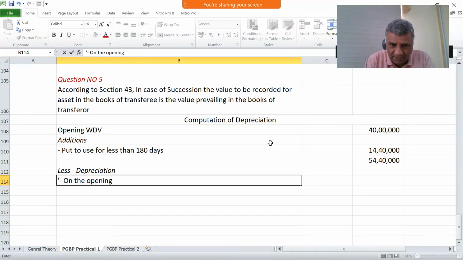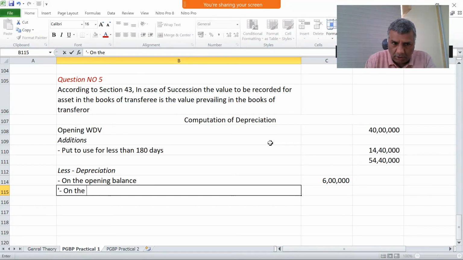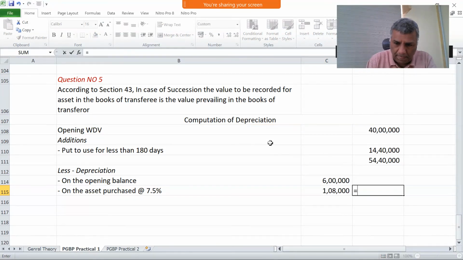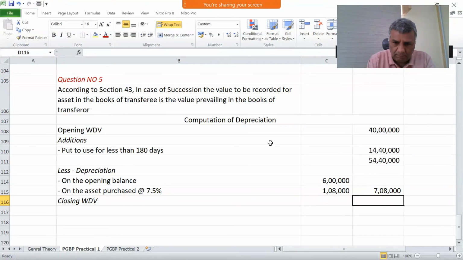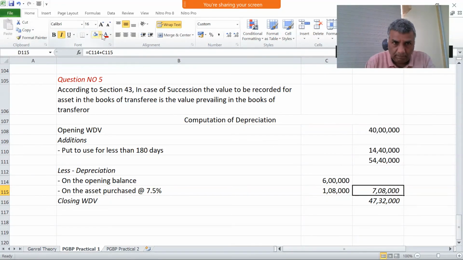On the opening balance, and on the asset purchased, at 7.5%. Why I have done like this, I will tell you, please.